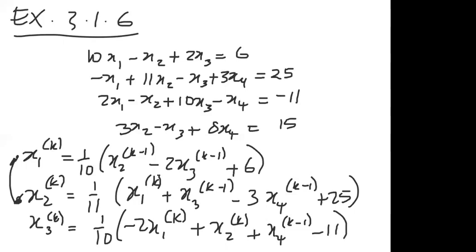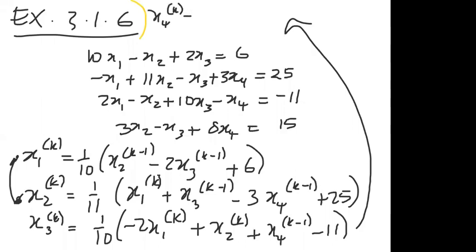And then similarly, I'll be able to write the formula for x4^(k). So let me write it on top there. Let me change the color. And then write x4^(k) here. So x4^(k), from there, I'm going to have 1 over 8. Then negative 3x2. Will it be k minus 1 or k?